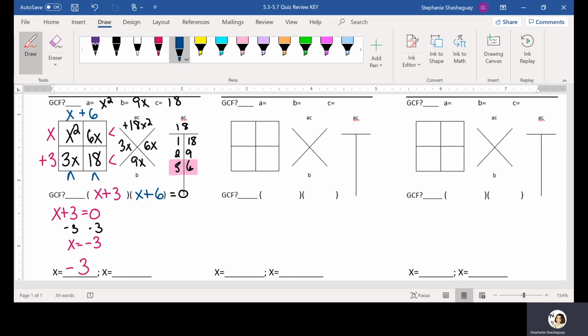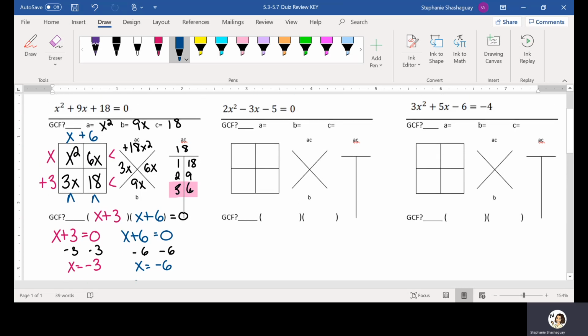Then I'm going to have x plus 6, set that equal to 0. When I subtract 6 and subtract 6, I find that x is equal to a negative 6. That's my second solution, or 0, for this quadratic equation.